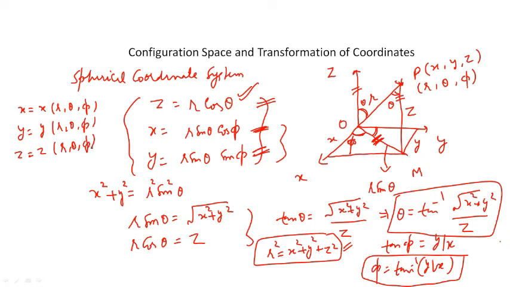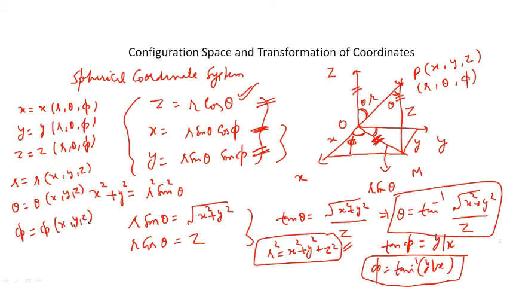Similarly, we can write the spherical polar coordinates in terms of the Cartesian coordinates. r will be r of x, y, z. You can write theta in terms of x, y, z, and you can also write phi in terms of x, y, z.